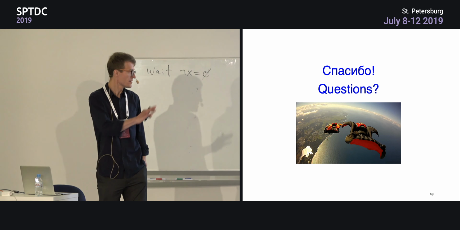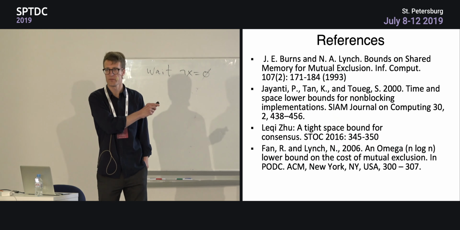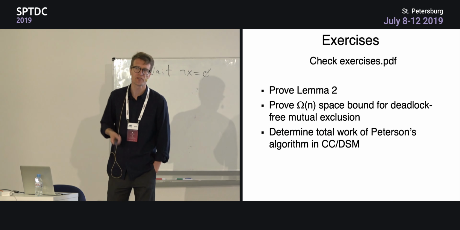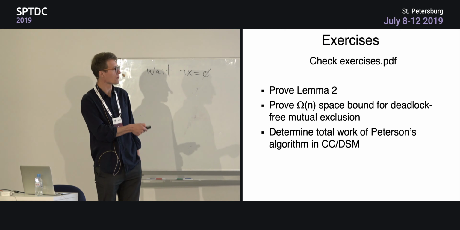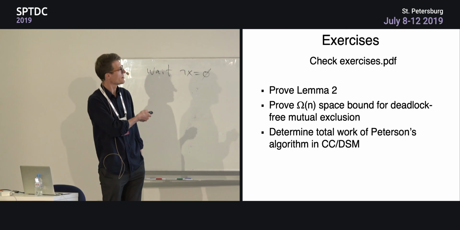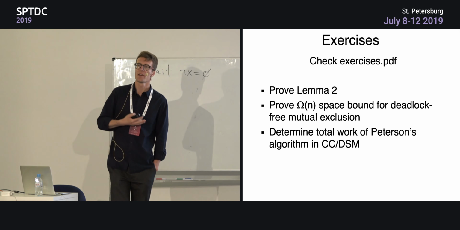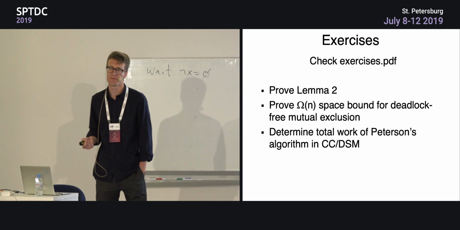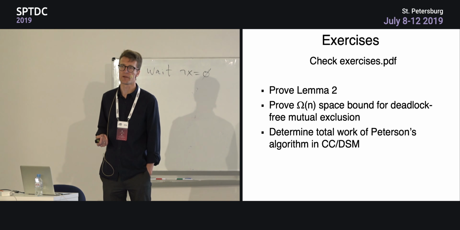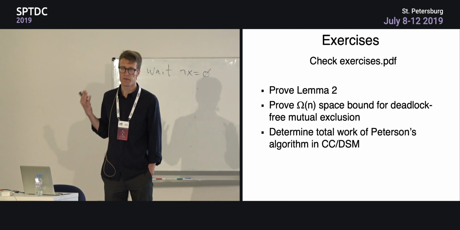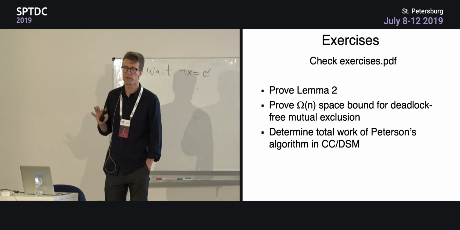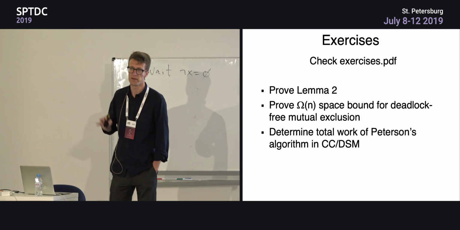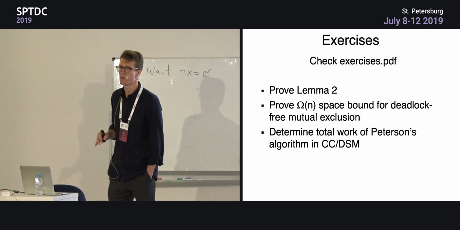No, the space complexity, the exercise is all read-write, but it's an interesting question. What happens if you have CAS? But this was about the total work. If you have CAS, would it incur more RMRs in the canonical execution? And I think they claim that no, but I need to recollect why exactly. So I cannot answer right now, but I think that's what they claimed in the paper, and I should look back in the paper to check it.